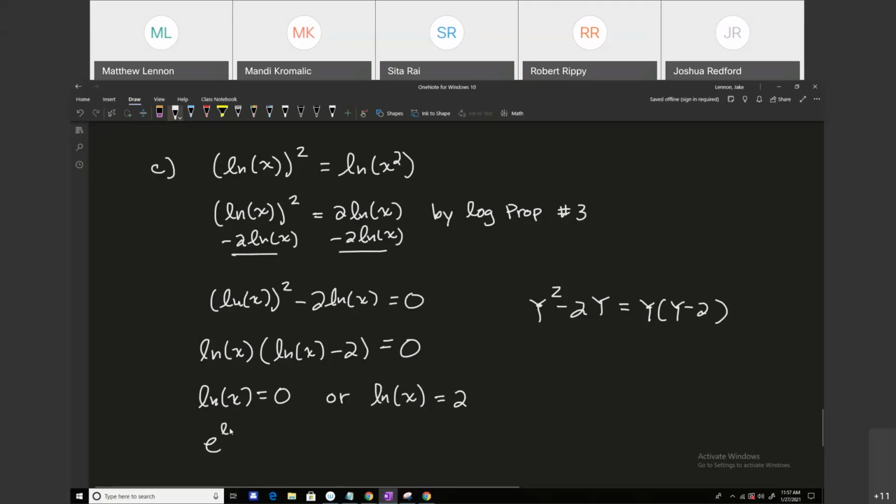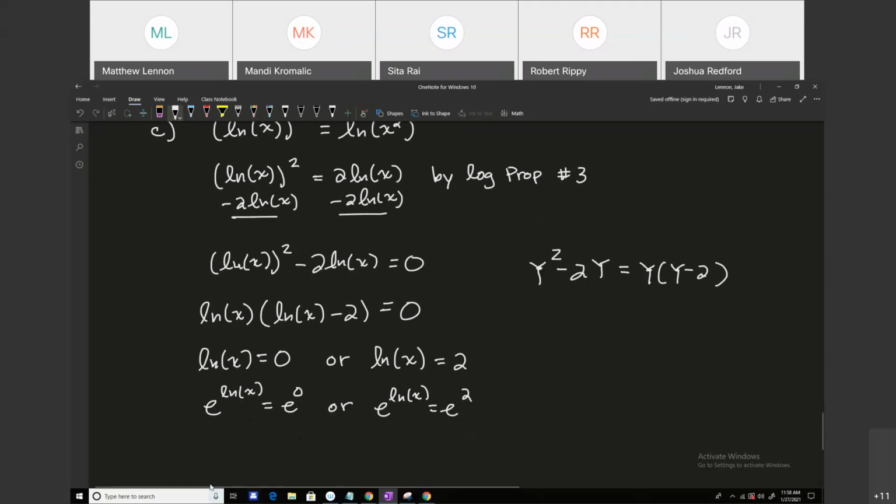So we would have e to the natural log of x equals e to the 0, or e to the natural log of x equals e squared. So we get our two answers, x equals 1 or x equals e squared. And that is by inverse property number 2 again.